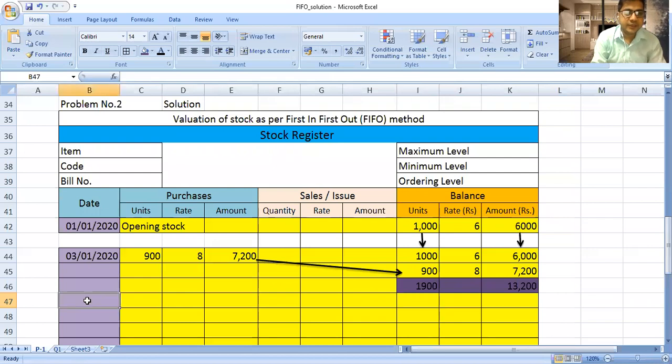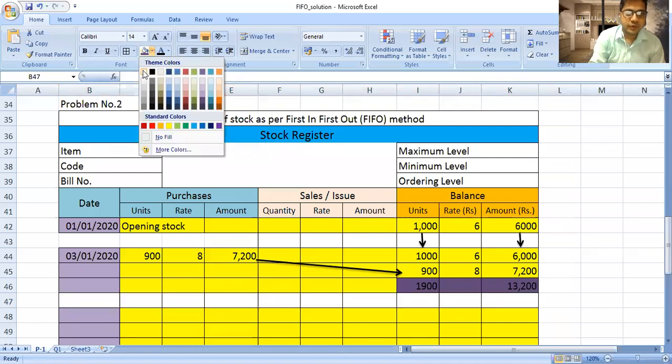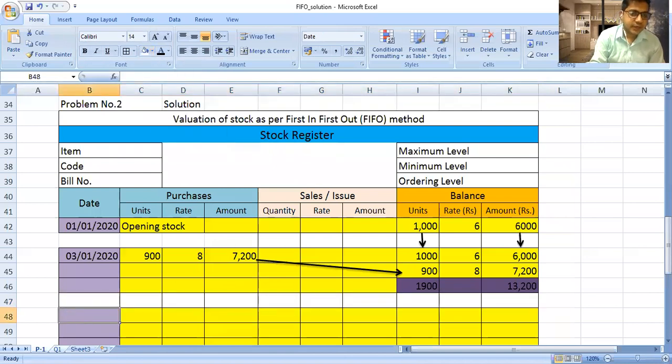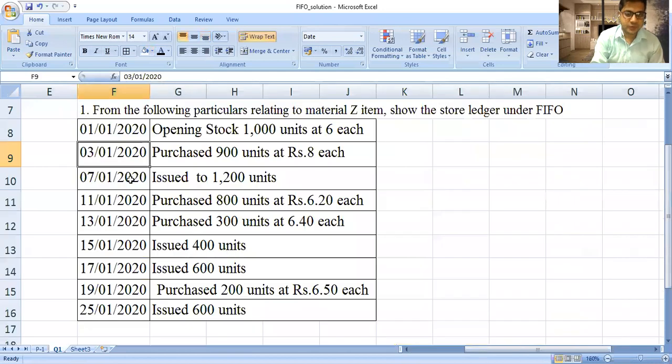After recording this, we have to move to the next date. Now what happened on 7th January 2020? They issued 1200 units.